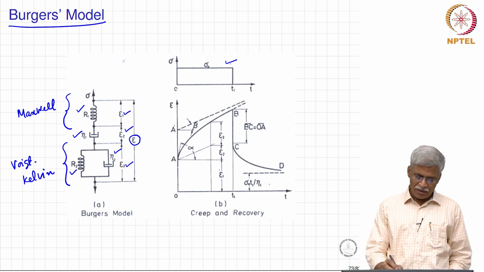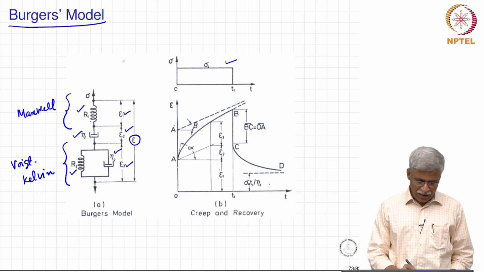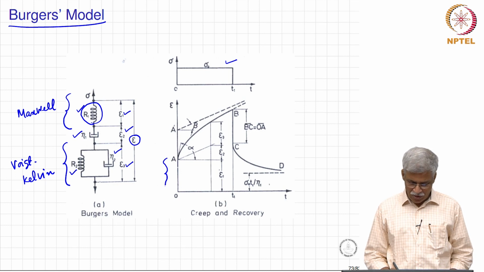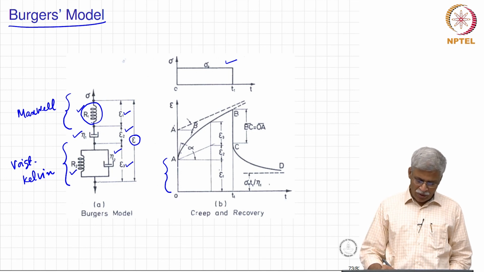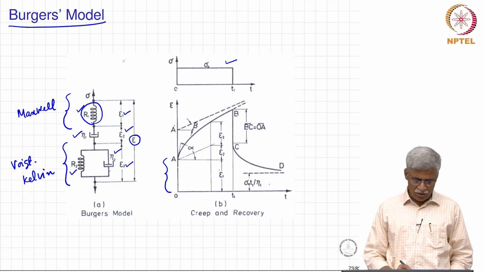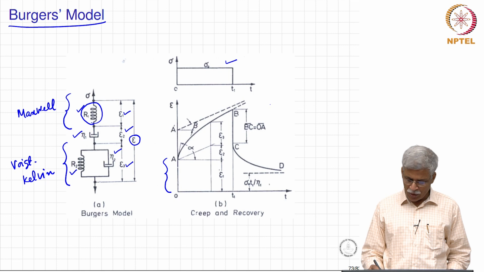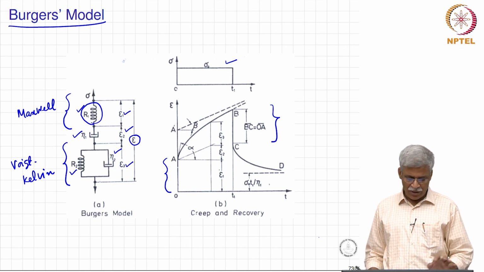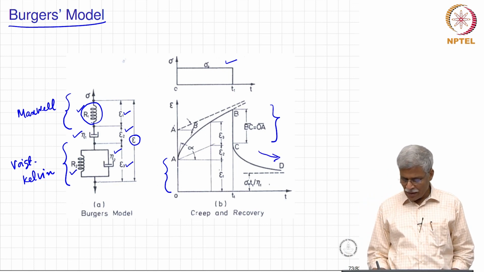So, when we subject this model to this kind of loading, there is going to be an instantaneous elastic response which is given by this particular jump, and then after that we are going to see a response which is progressing in this particular way. This is going to be the combination of the Kelvin model as well as the isolated dashpot, and when we unload it, there is going to be an instantaneous recovery due to the same spring, and then there is going to be a delayed recovery here.